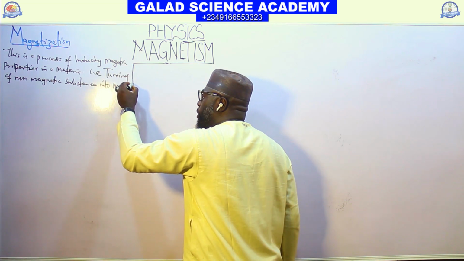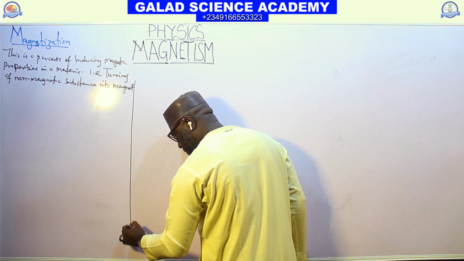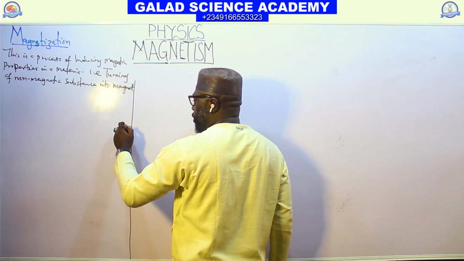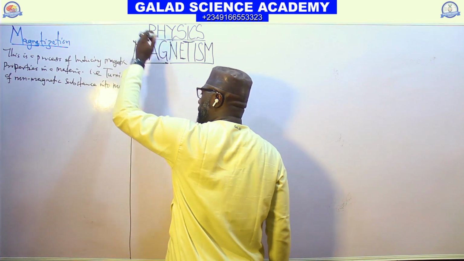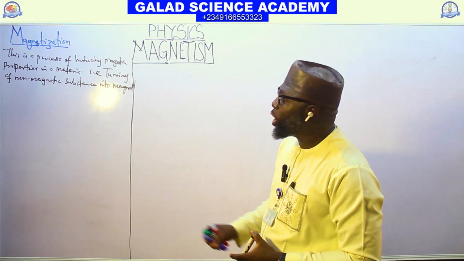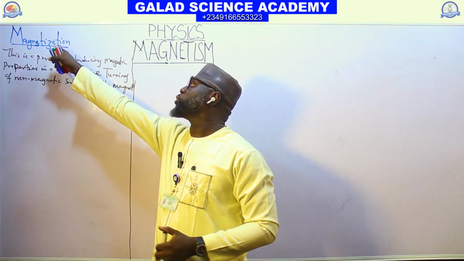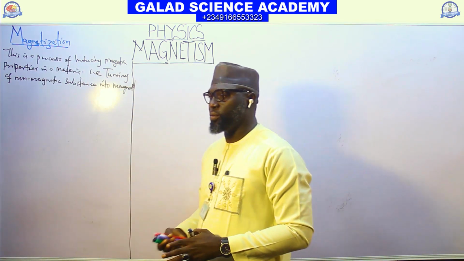That is what we call magnetization. So the process of making a substance which is not magnetic before, and then we induce it to become a magnet, we call it magnetization.